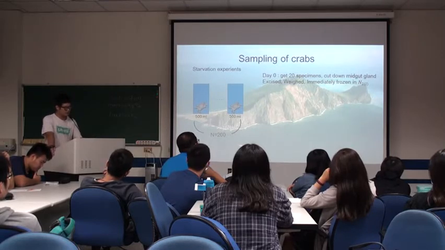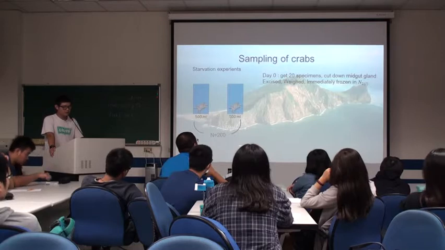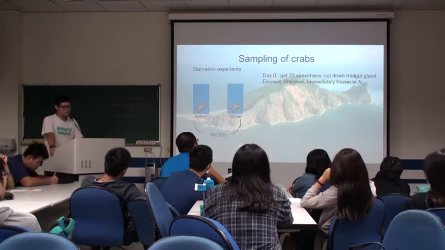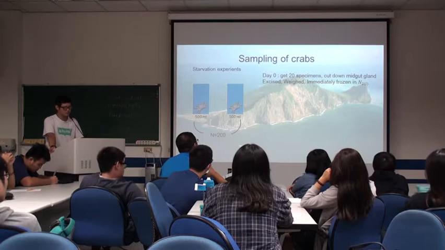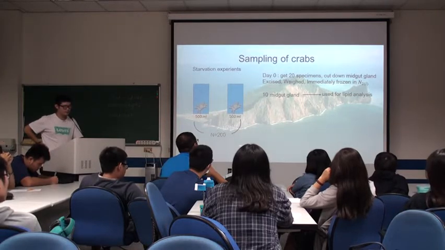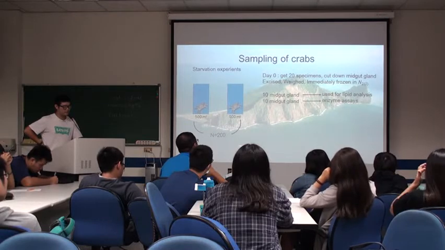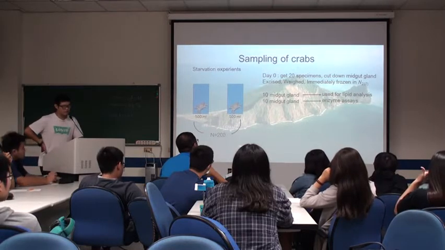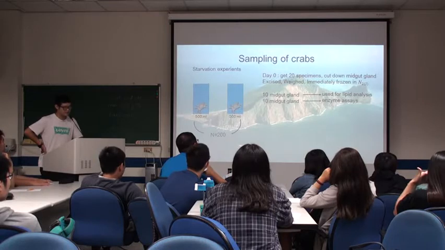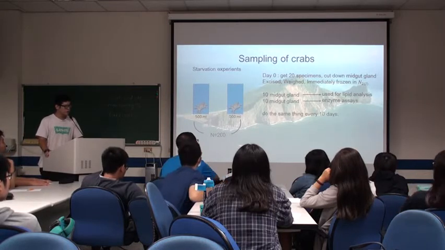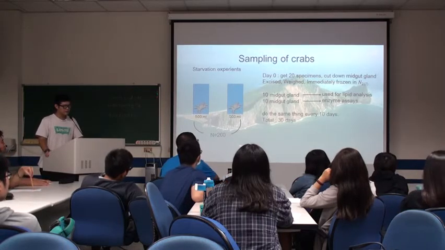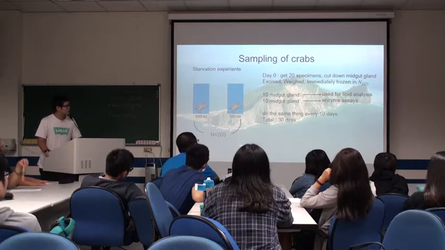On the first day we took 20 specimens, cut out the midgut gland, excised and weighed it, and immediately froze it in liquid nitrogen. Ten of the midgut glands will be used for lipid analysis, and 10 for enzyme assays. We will do the same thing every 10 days, and the total experiment will last 30 days.